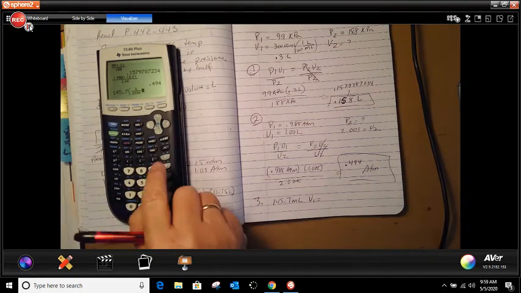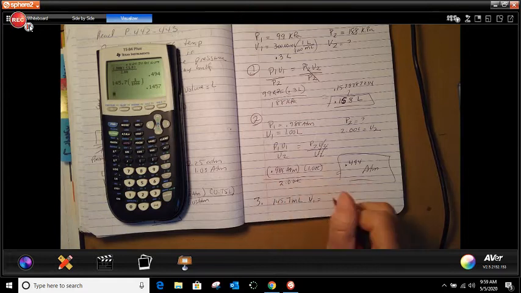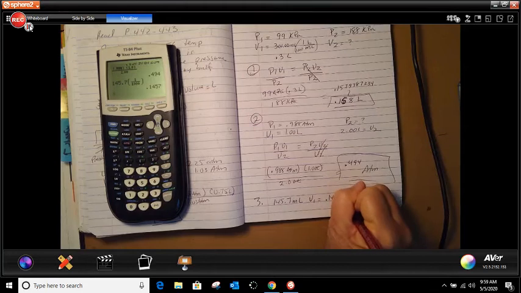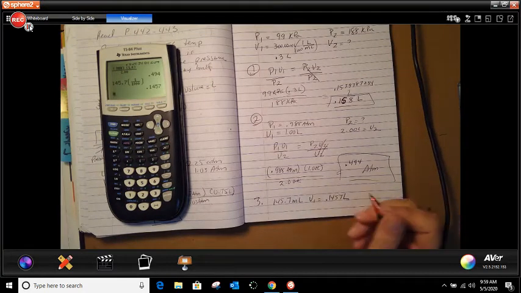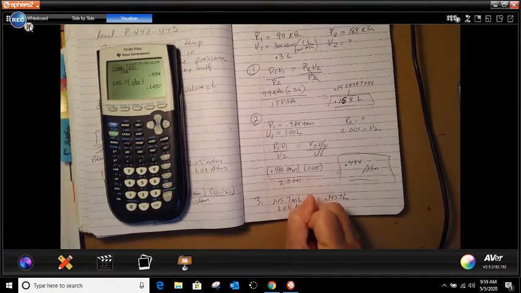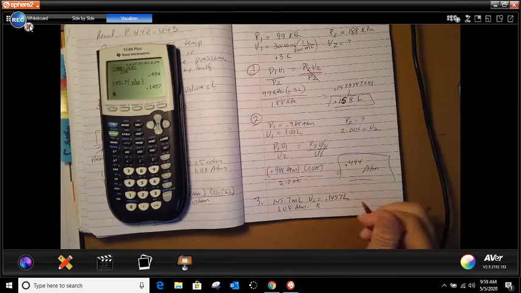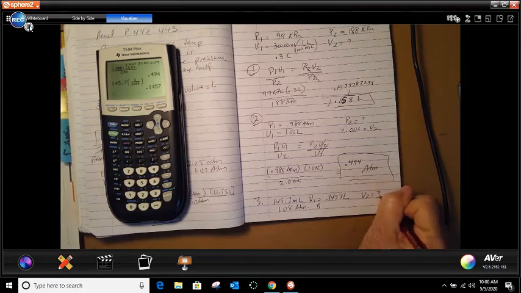I'm going to delete that because I'm going to put my close bracket, and I get 0.1457 liters. Okay, and at 1.08 atm, that's my pressure one. What is the new volume? So my volume 2 is what I'm looking for.